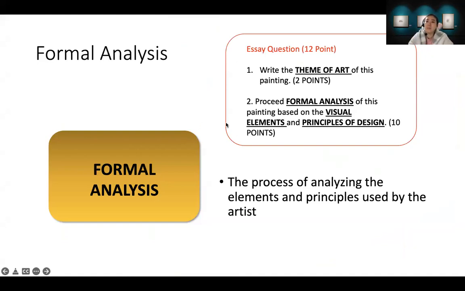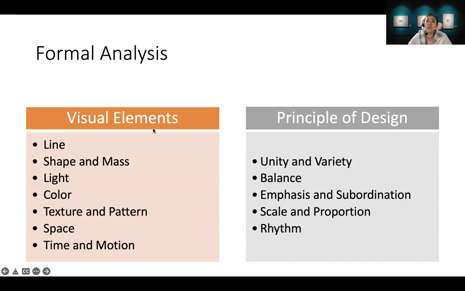Again, you will do the formal analysis of a work of art based on the visual elements and the principles of design, because formal analysis means the process of analyzing the elements and the principles used by the artist. So here are the visual elements and the principles of design.